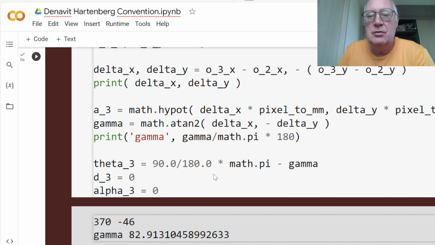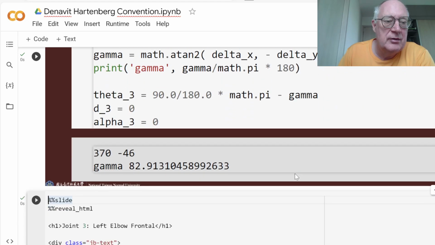Gamma is 82 degrees. And why does it print 7 then?